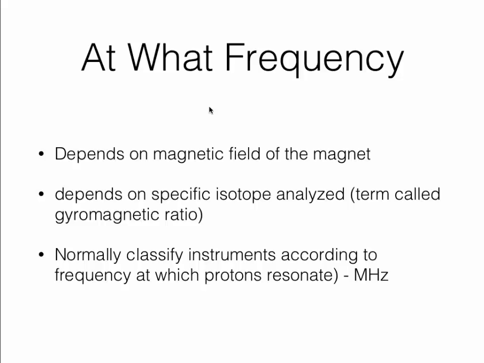Each isotope has its own magnetic field strength, and that term's often called the gyromagnetic ratio. When we talk about the strength of a magnet, we don't usually use the physicist term for magnet field strength, which is Tesla. We normally refer to the frequency at which the proton spin state change takes place. And those are typically in radio frequency in the megahertz range.